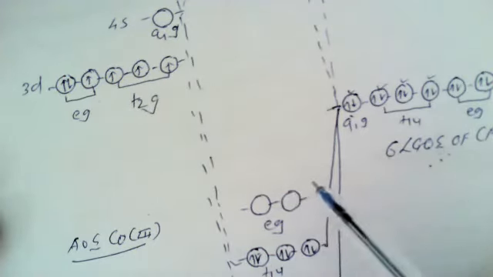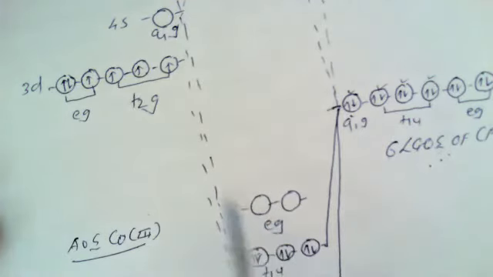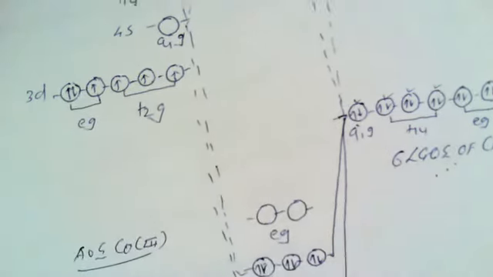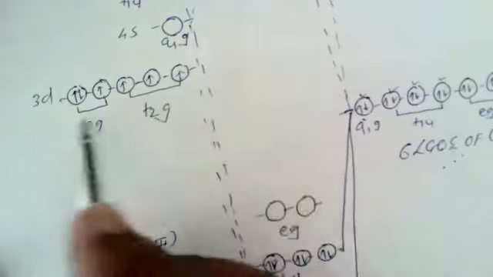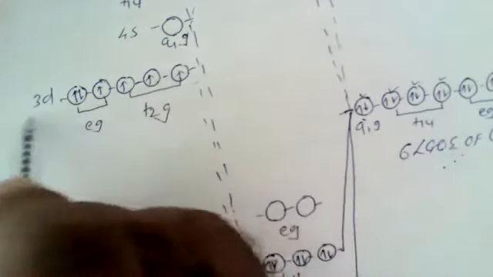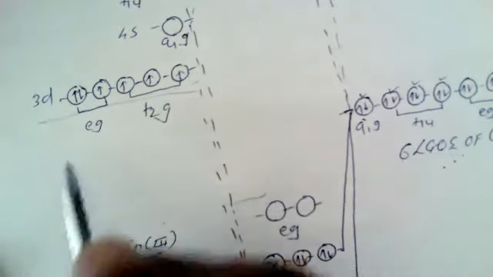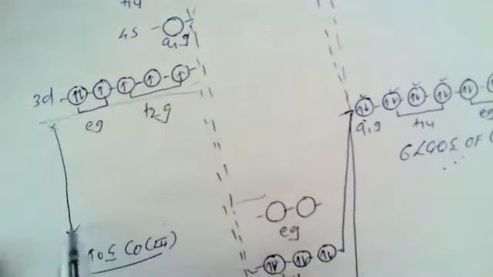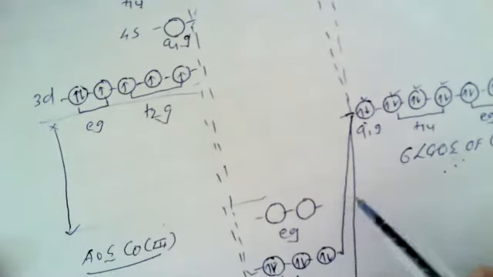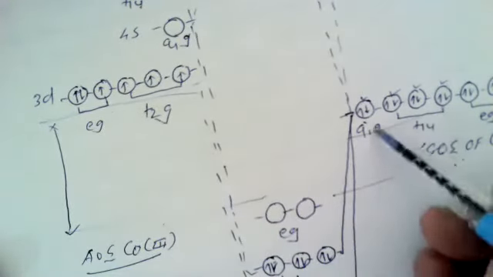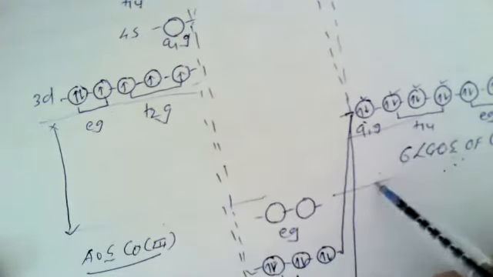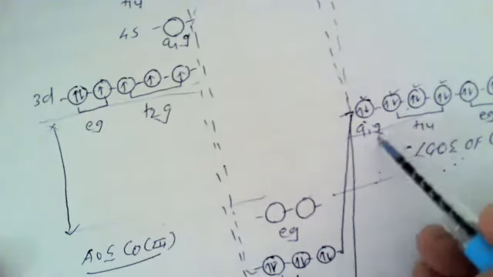Even though these 2 electrons are to be shown here, or these orbitals are overlapping with one of the orbitals, if you look at the energy difference between the 3d orbitals of this cobalt and the Eg molecular orbitals, this energy gap is large enough, but the energy gap between the LGOs and the bonding molecular orbital is very small.